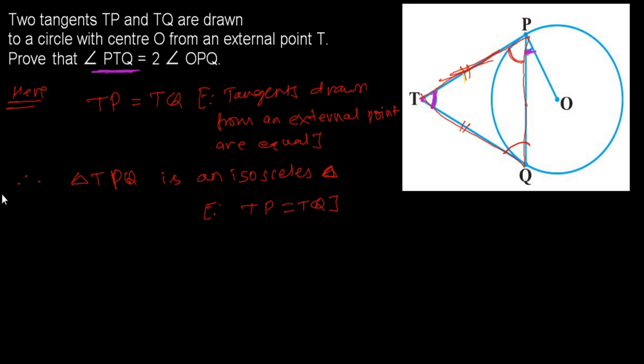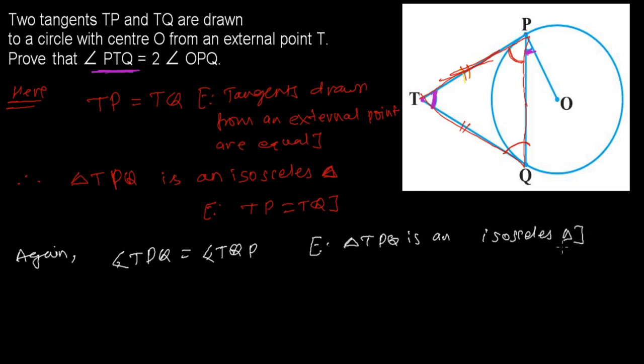Now the next one, again you can say that angle TPQ is equal with angle TQP, and the reason for this, TPQ is an isosceles triangle. That's it.